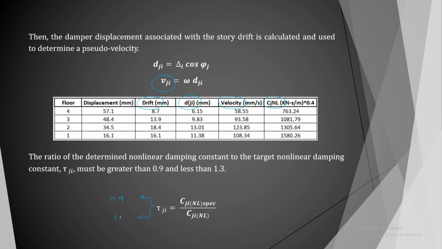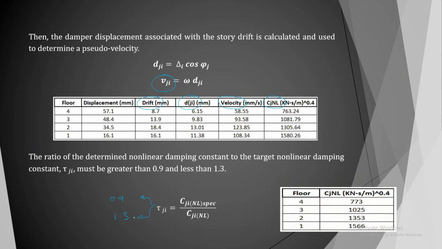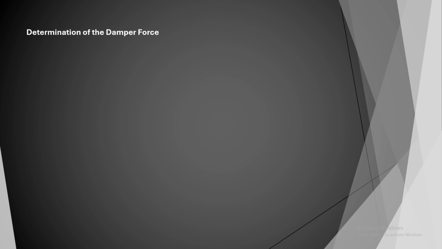The final nonlinear damping constant values, which are suggested for Taylor Devices dampers, are given in the table. Once the final nonlinear damping constant value is obtained, the velocity is modified to reflect the influence of higher modes as well as nonlinear response.